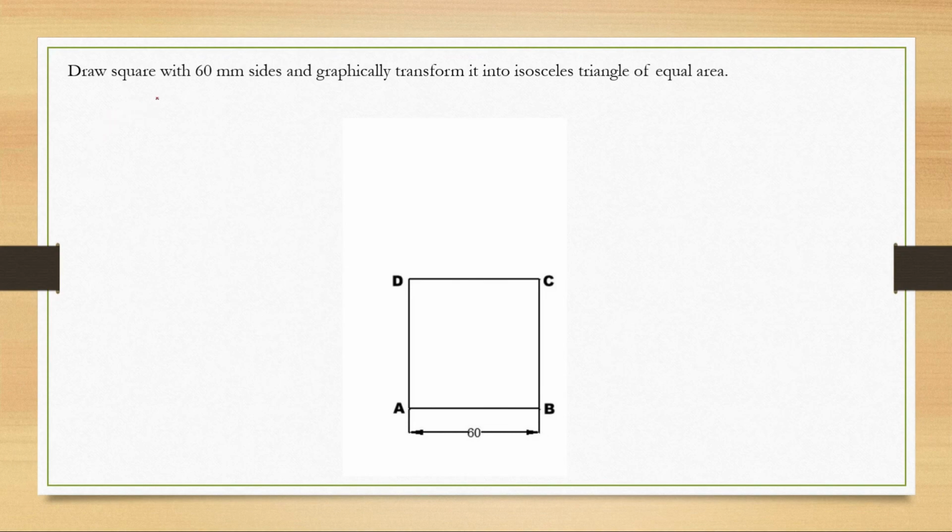Draw a square with 60 mm side and graphically transform it into an isosceles triangle of equal area. The important thing to understand is that they are asking for an isosceles triangle, so we can't just make any kind of triangle. We need to transform it into an isosceles triangle only.